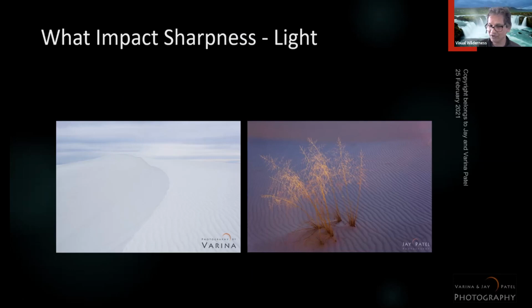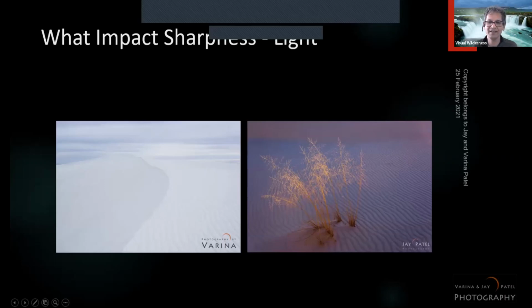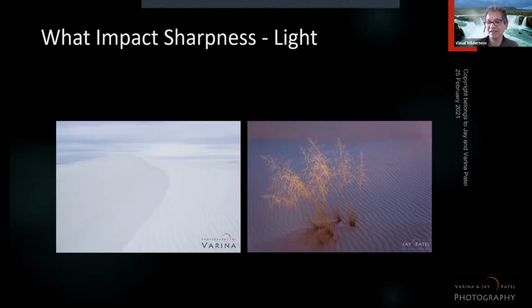Here are two images taken on the same day at the same place. The difference between these two images is obviously light. As the sun was going down, there was a small opening on the horizon, and the light is streaming through in the image on the right. If you look at the image on the right, you can see a superb amount of texture in the sand. They're very well defined.